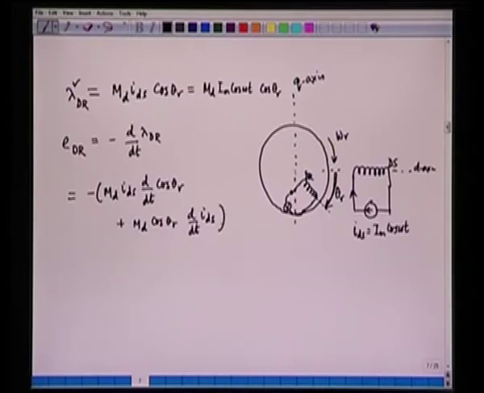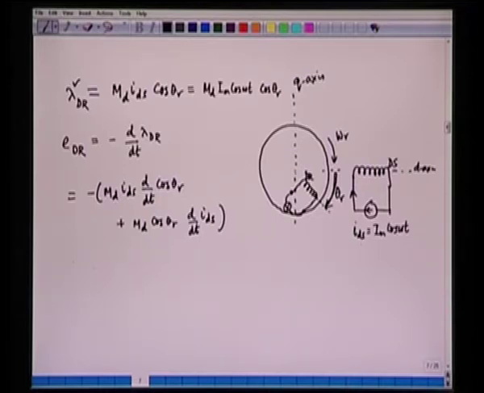So this is the induced EMF. Now if I differentiate cos theta r, it will be minus of sin theta r into d theta r by dt. And if I differentiate ids with respect to time, ids is Im cos omega t, it will be Im sin omega t with a negative sign into omega.